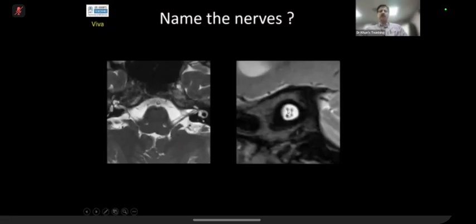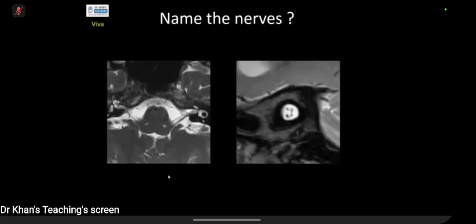name this nerve. You can't unmute. Okay, let me help you. Yeah, so that's the facial nerve. Right.